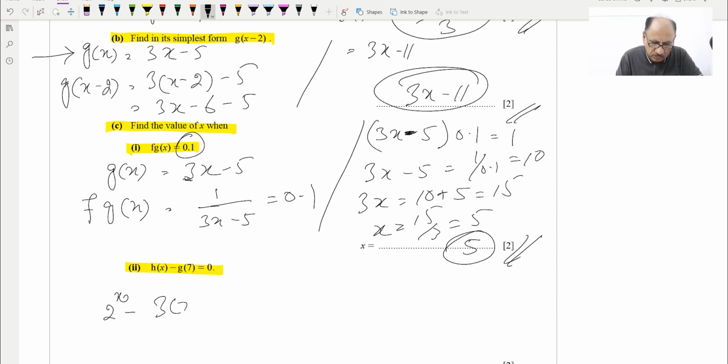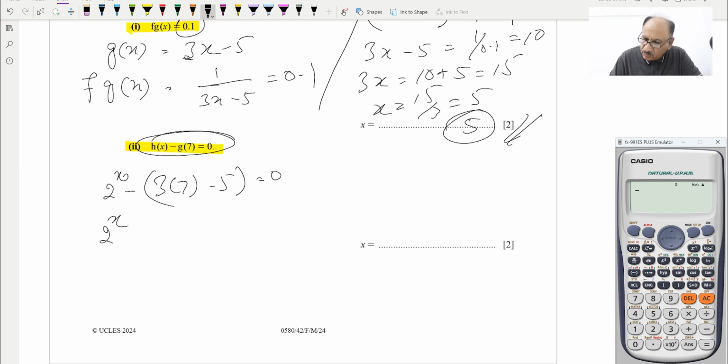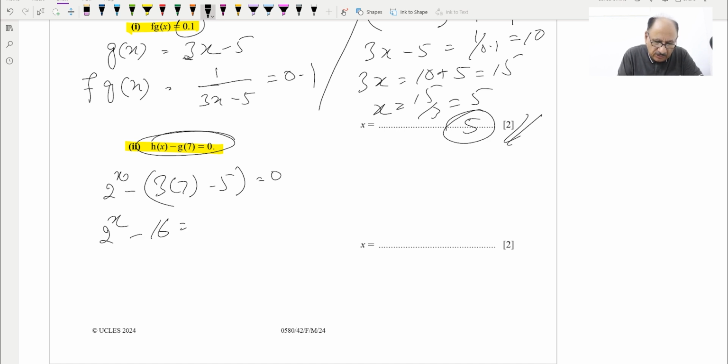So 3 into 7 minus 5, and this is equal to 0 by this equation. And we can simplify 2 raised to the power x, and we can use a calculator for that, minus, inside the bracket 3 and then bracket 7 bracket close and minus 5 and bracket close, and this is giving us minus 16. Minus 16 is equal to 0.